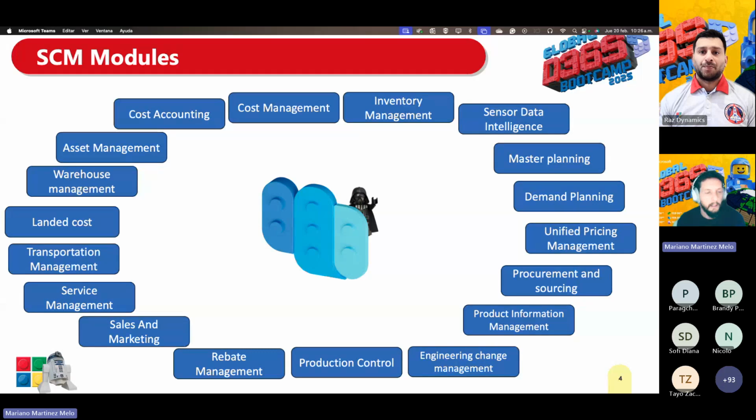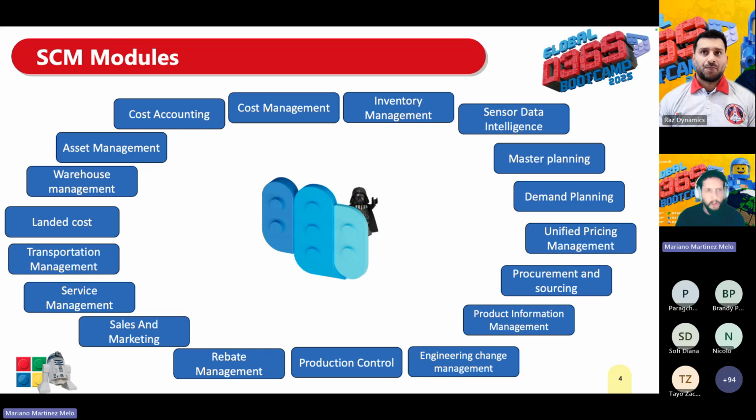within the architecture of supply chain, we have not only one but a lot of modules that are integrating between the platform. Most of them come from years and years of development and upgrading and new features from the last version.